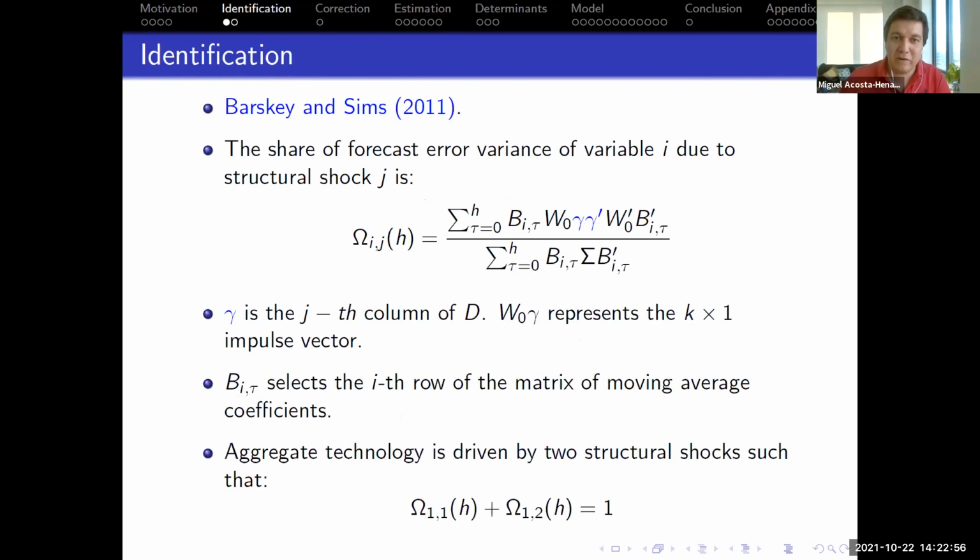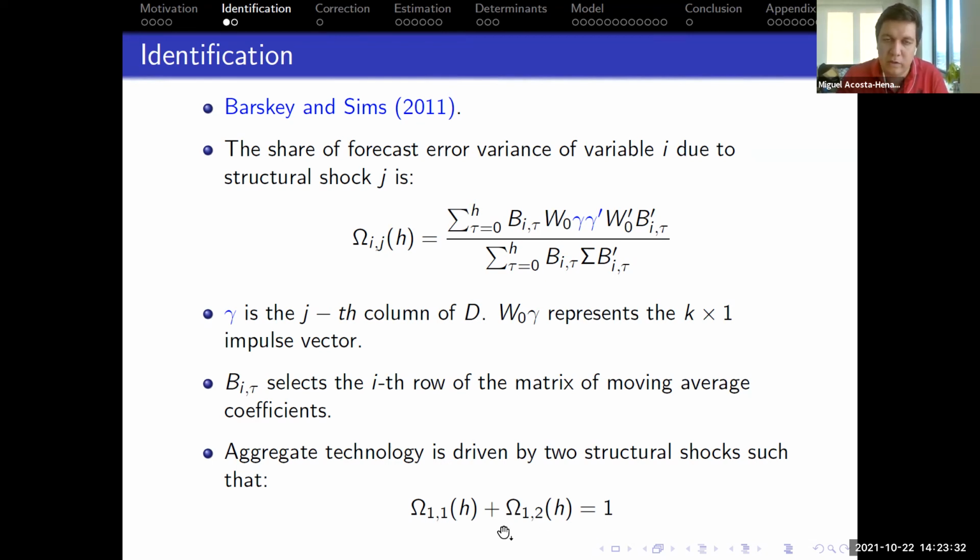So in terms of identifying the news shocks, we use Barsky and Sims. This is the forecast error variance decomposition for variable i, let's say GDP, due to shock j. What this does is choose a decomposition where you can maximize, or identify, the contribution of the current unexpected shock to TFP, commodity prices or foreign interest rate, which is the exogenous shock, as well as the news shock, which is these two.